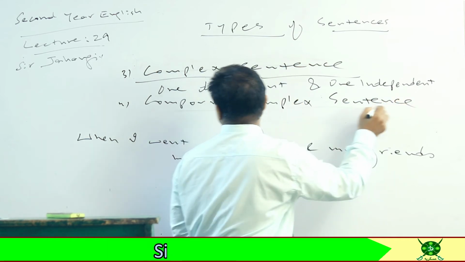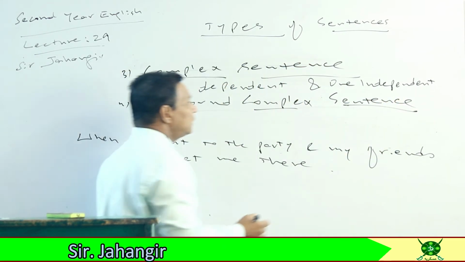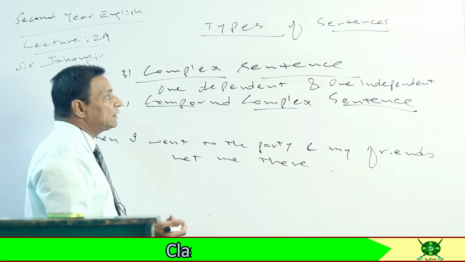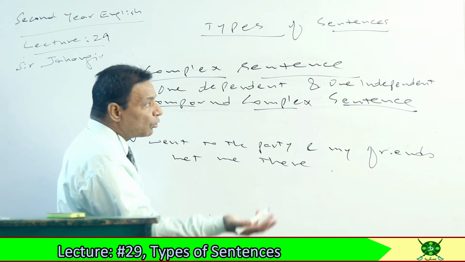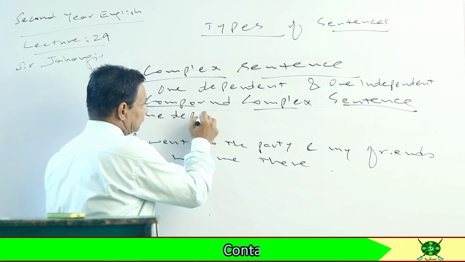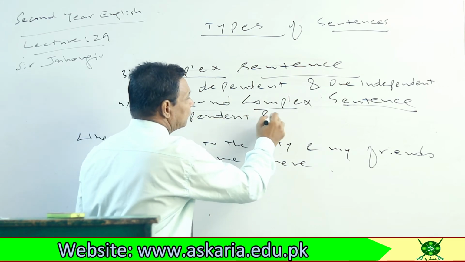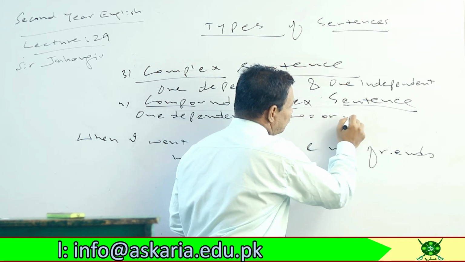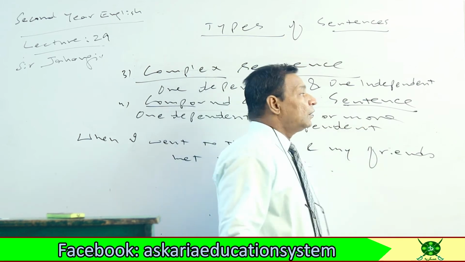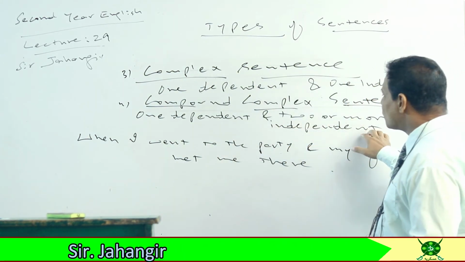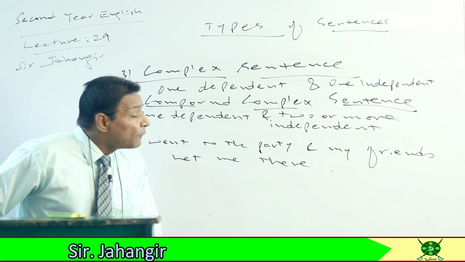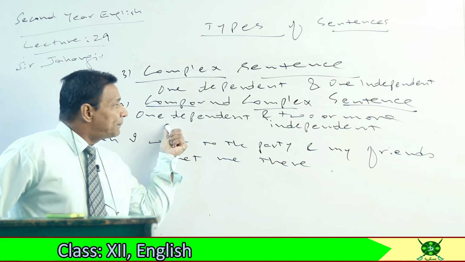Clear? A compound complex sentence has at least one dependent clause and two or more independent clauses. So it has at least one dependent and two or more independent clauses.